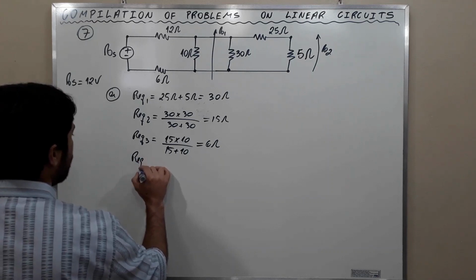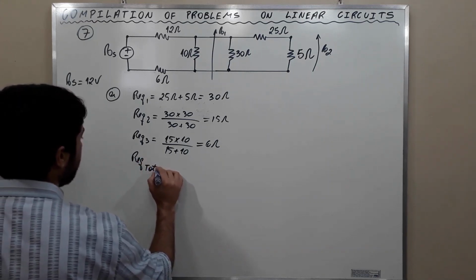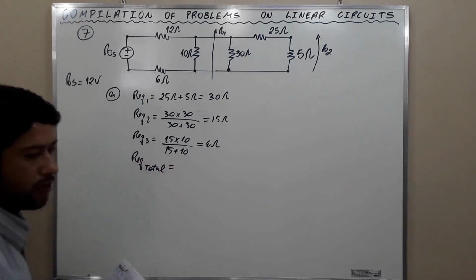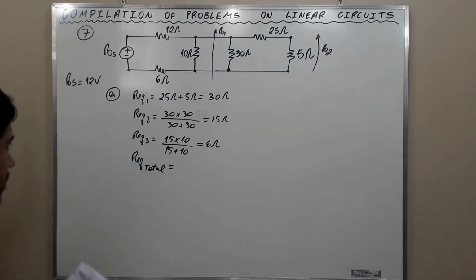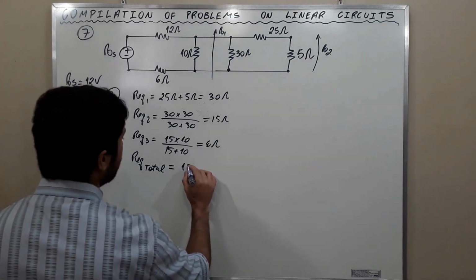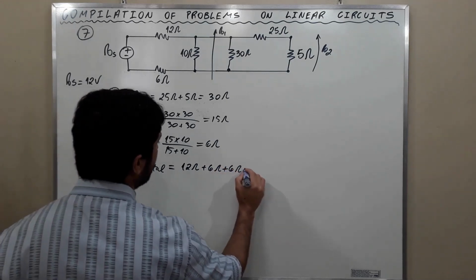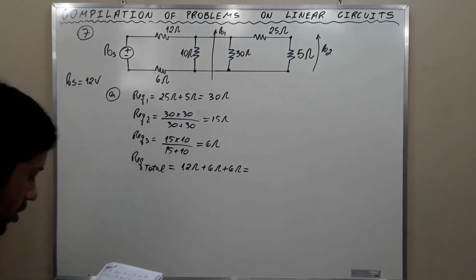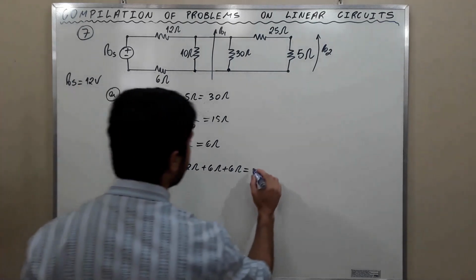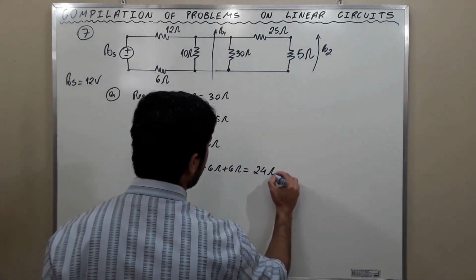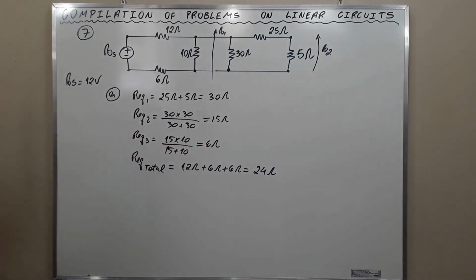Then the total equivalent resistance is going to be 12 plus 6 plus 6, which is 24 ohms. Okay? This is the total equivalent resistance.